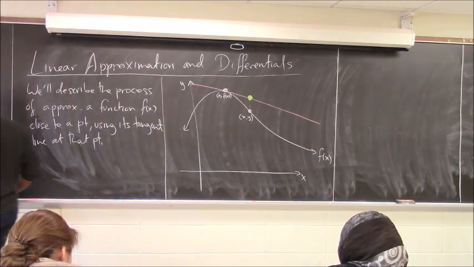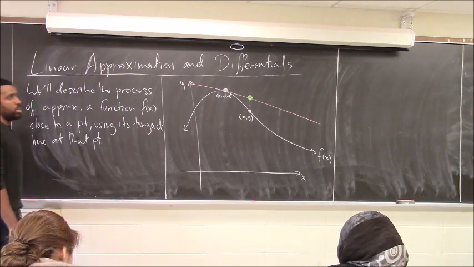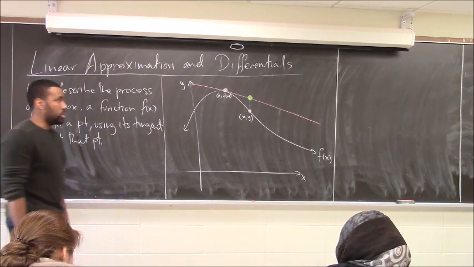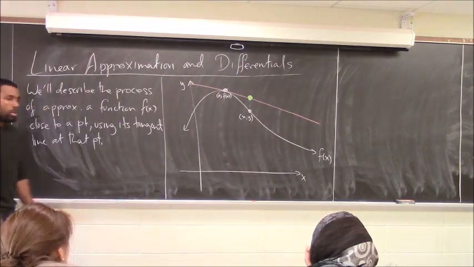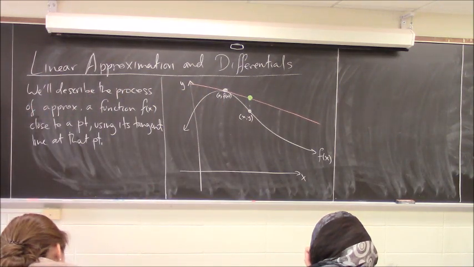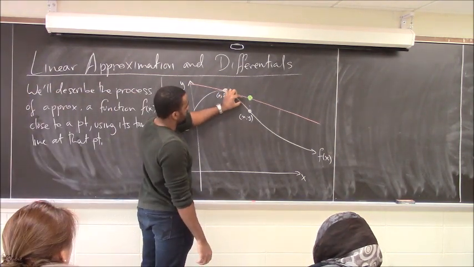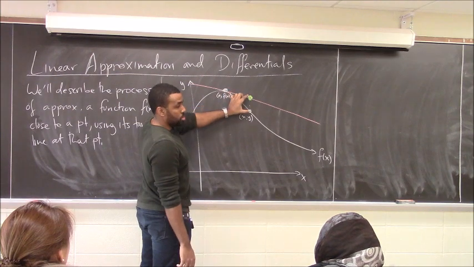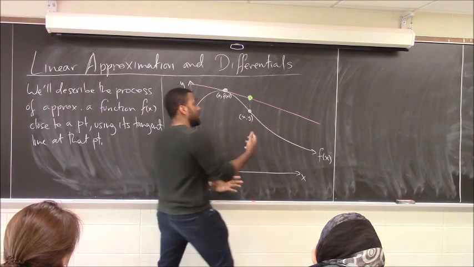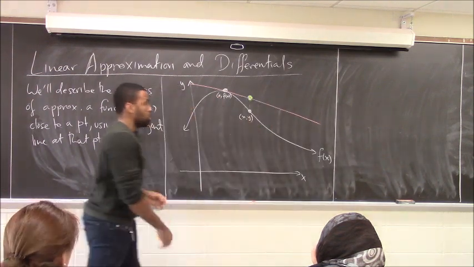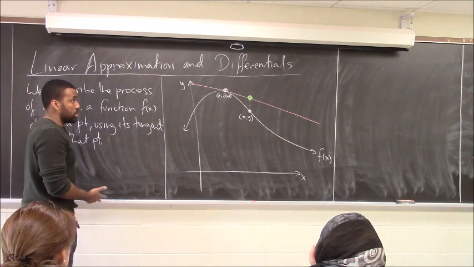The process of using the green point to approximate what's going on at that point is called linear approximation, because we're using a straight line, a linear method, to approximate something. Now, as you can see, the closer we are to the point of tangency, the smaller the difference between these two is. So it's not something you'd really apply way down the road. You really want to apply it close to a point where you have all that information, and sometimes that's all you need.